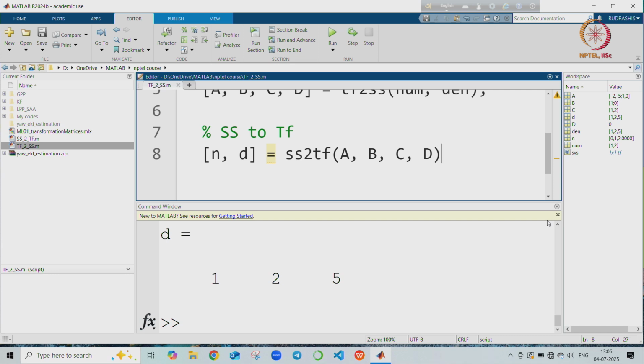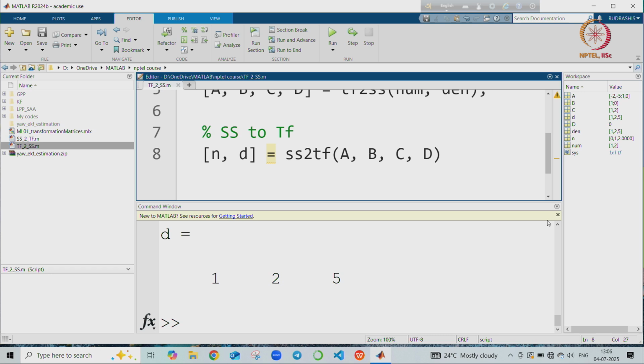I request the students to explore your own problems. Just create one transfer function and convert it to state space representation. Similarly, take some state space matrices like A, B, C and D, whatever you want to specify, and see whether you are getting a transfer function.